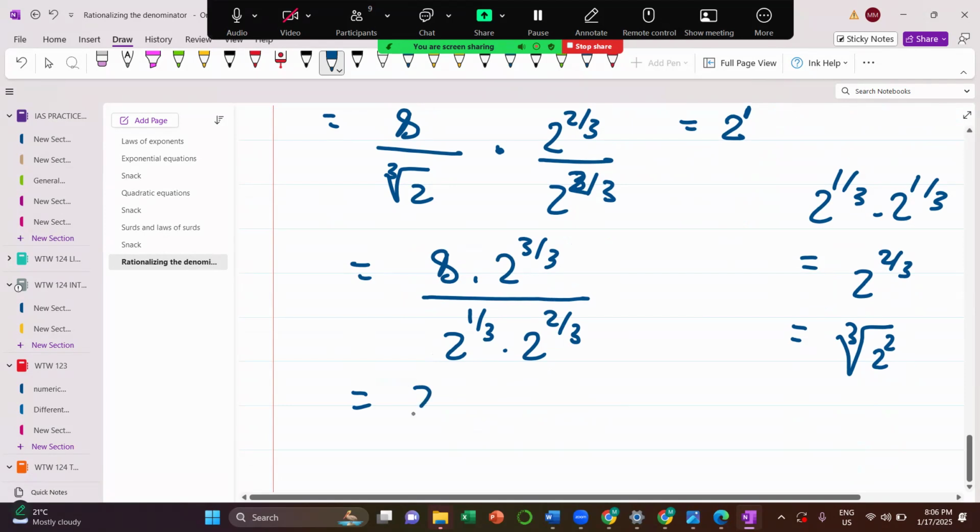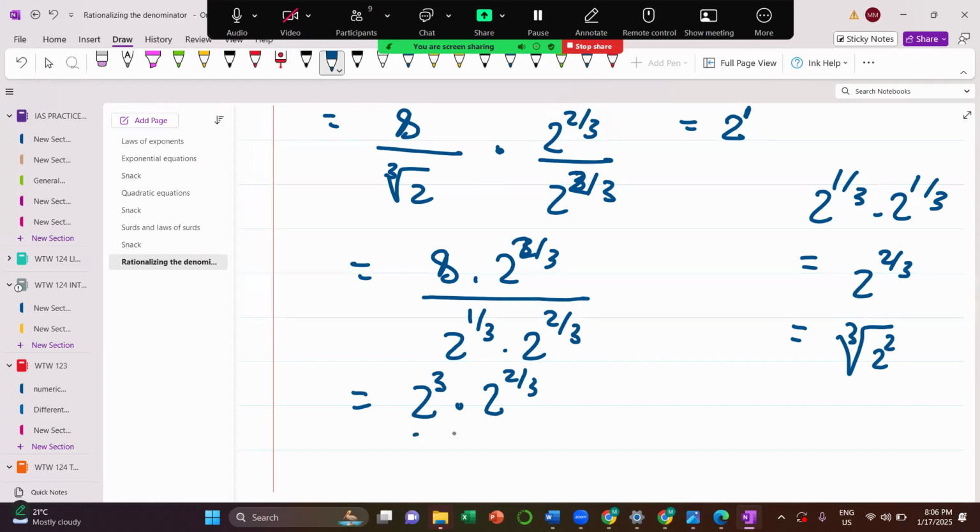And then now, what is at the top? 8 can be expressed as 2 to the exponent of 3, times 2 to the exponent of 2 over 3. I can add the bottom exponents. It's going to be 1 over 3 plus 2 over 3, which is just equal to 1, right? And then here at the top, I'm just going to have 3 plus 2 over 3, going to give me 11 over 3.